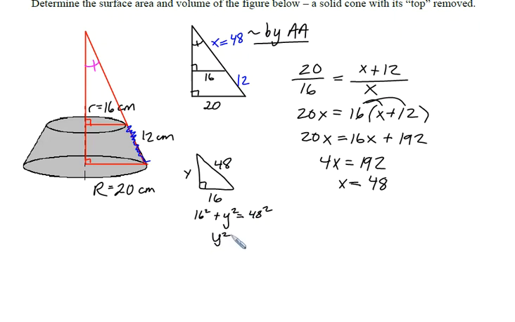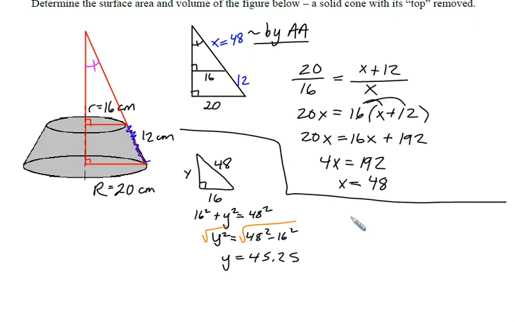So in this case, y squared would be equal to 48 squared minus 16 squared. And we could then just take the square root on both sides, and we'll figure out the y value, which will be the height of the top triangle, 45.25. And we will keep all of the decimals stored on our calculator, but for right now that lets us see what the decimal is.